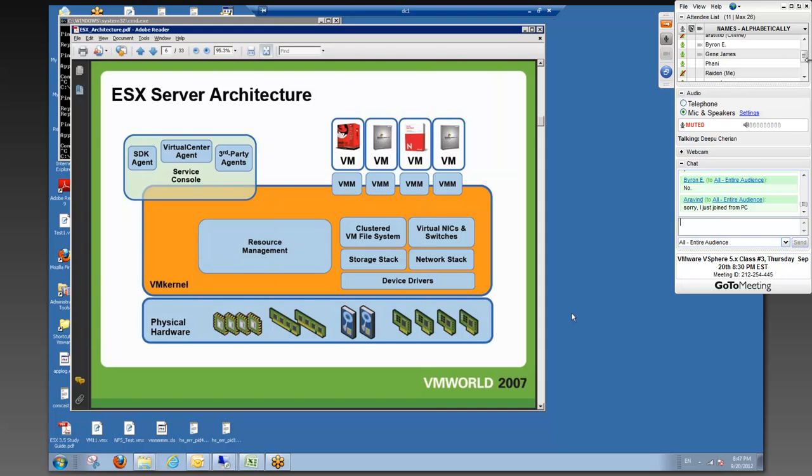How the virtualization software, which is nothing but our hypervisor, or now onwards I'm not going to talk about hypervisor, I'm going to talk about the VM kernel, because we are learning about VMware's kernel.